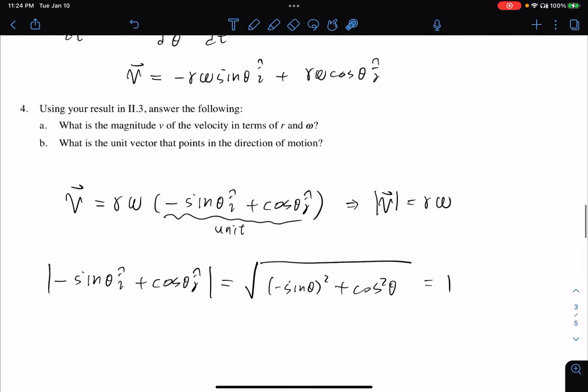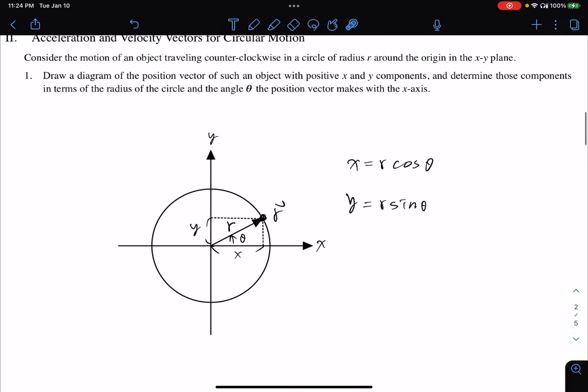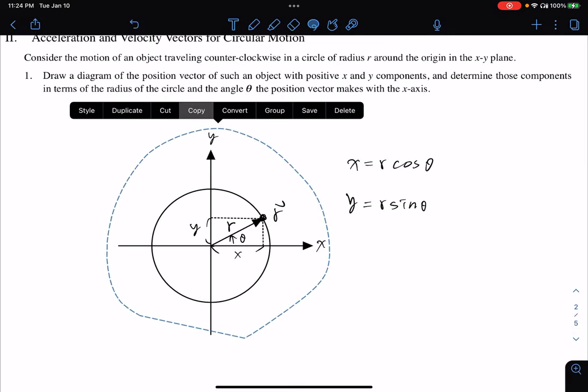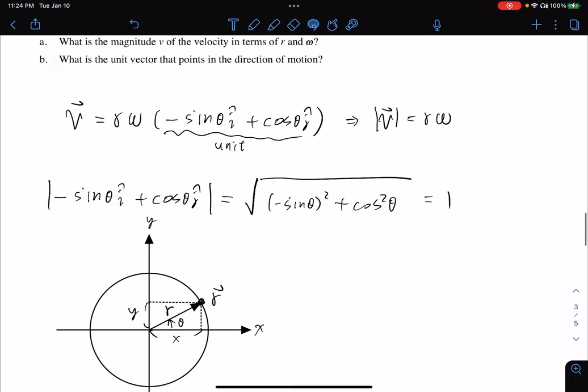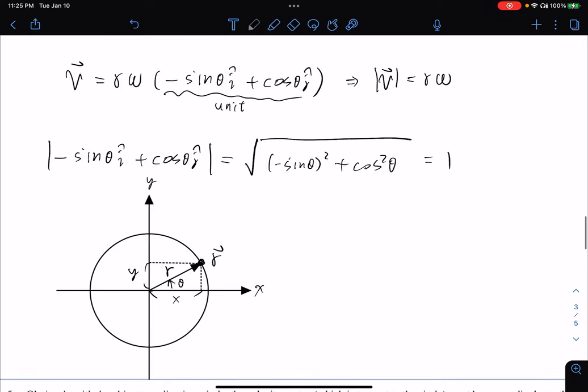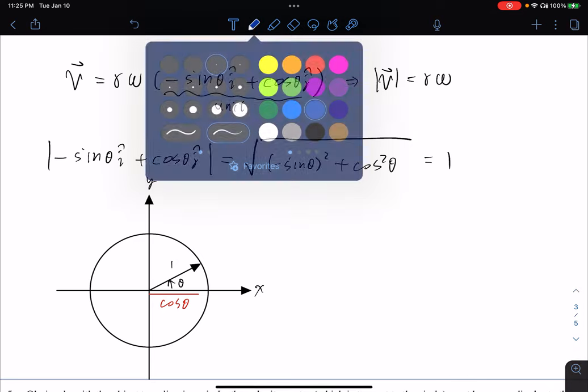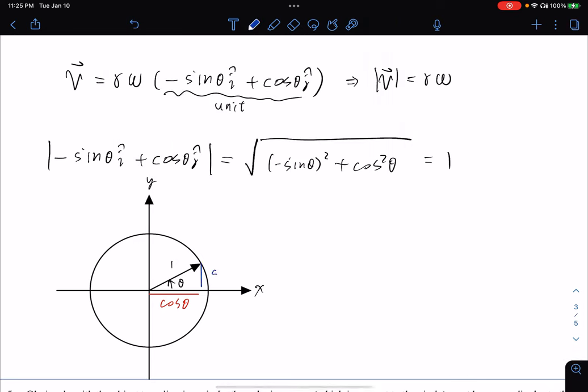It is always a good idea in physics to try to picture your answer. So let's copy this thing and see what this vector looks like. The sine and cosine can be drawn on this circle if we set the radius to 1. So let's say cosine is this length. So this is the length of cosine, and this is the length of sine.